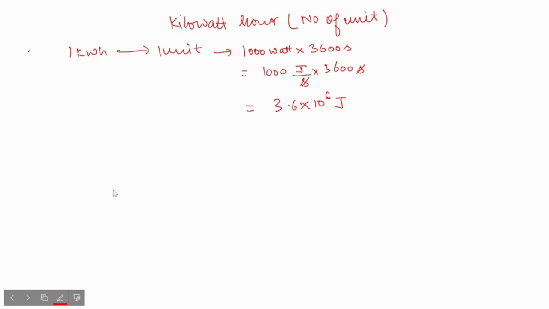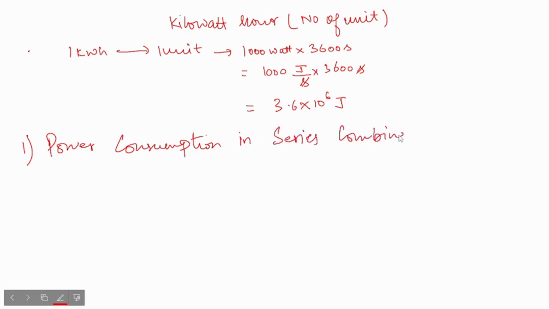Now we'll be studying power consumption in series combination and parallel combination. First is power consumption in series combination. Now if you see, let's say a bulb is there whose power is P1 and operating potential is V, and another bulb whose power is P2.